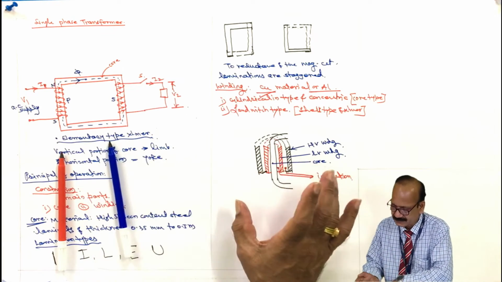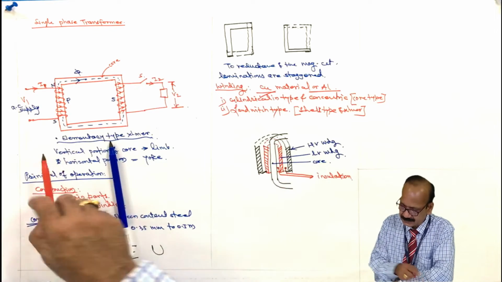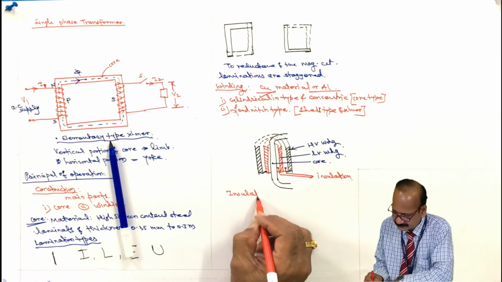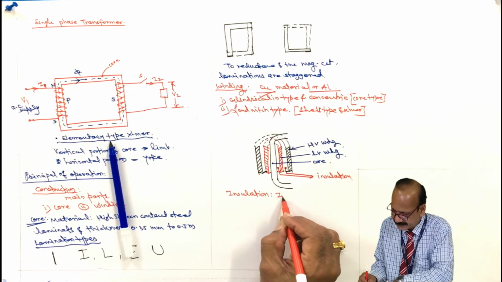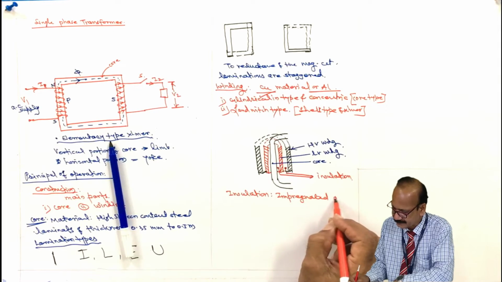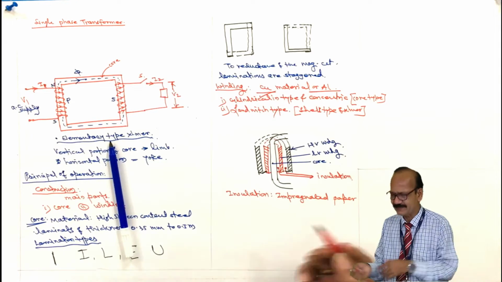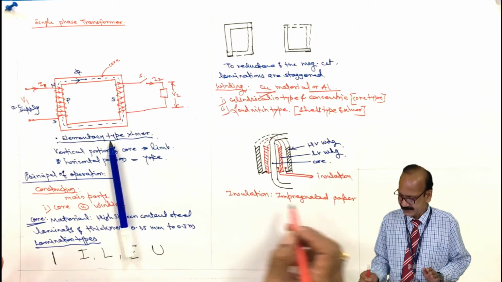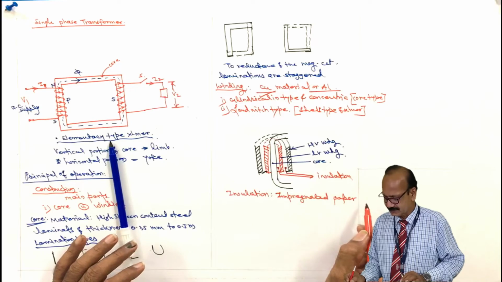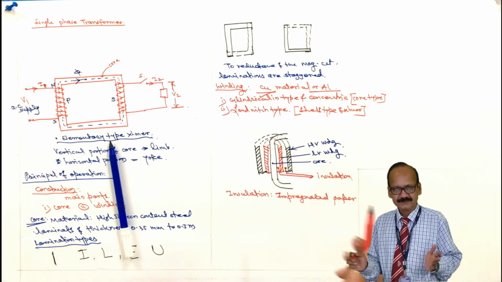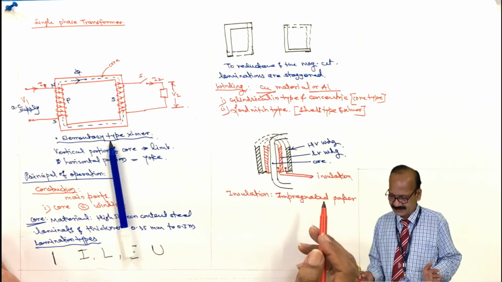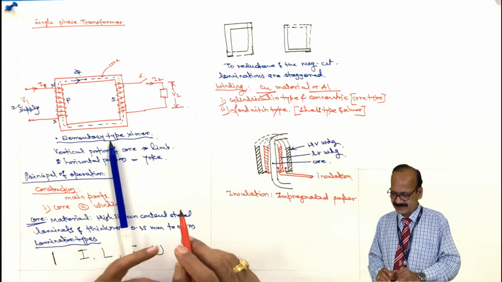So here, on the core, the insulation generally used is impregnated paper. So in short, paper insulation is used, properly impregnated. So on the core, paper insulation, then the LV winding, then once again insulation, and then the HV winding.